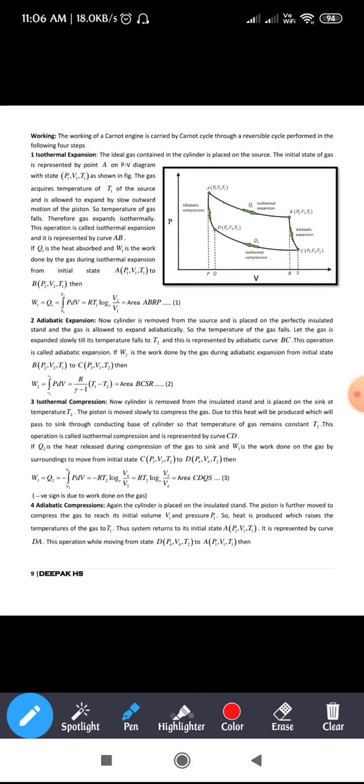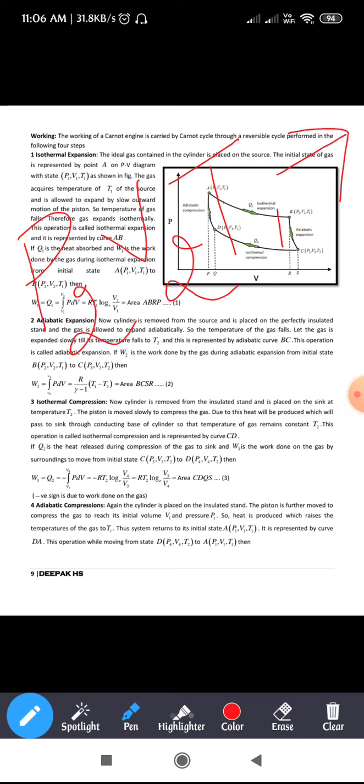Next, we place the cylinder on the insulated stand. Again the gas is allowed to expand, and as you know, the temperature decreases. Before placing the cylinder on the insulated stand, this was the value of pressure, volume and temperature. Once you place the cylinder on the insulated stand and the gas expands adiabatically, the pressure changes from P2 to P3, the volume changes from V2 to V3, whereas the temperature changes from T1 to T2.